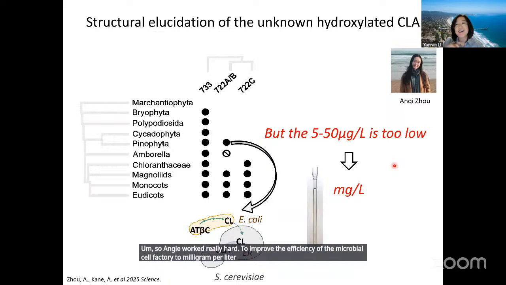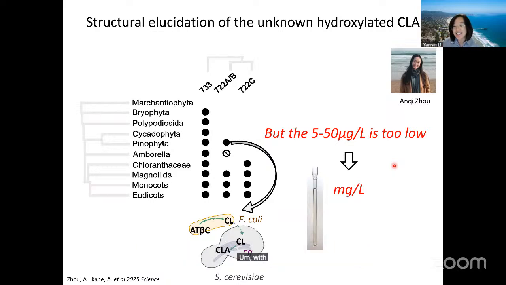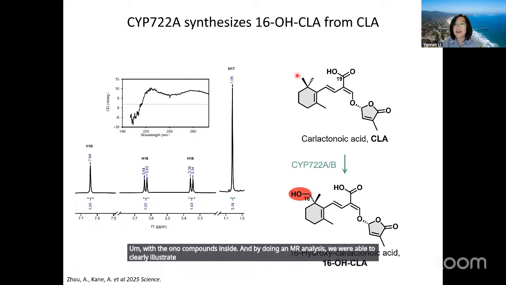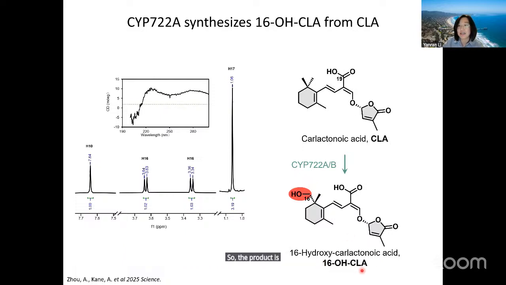This is exactly the NMR tube she used with the unknown compound inside. By doing NMR analysis, we were able to clearly elucidate where the hydroxyl oxidation takes place, on carbon 16. So the product is a 16-hydroxy CLA.